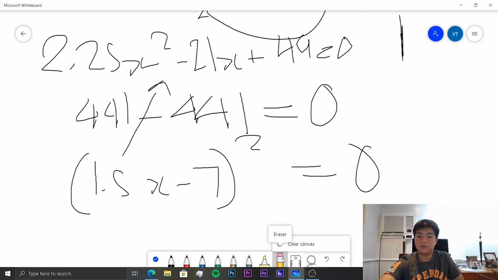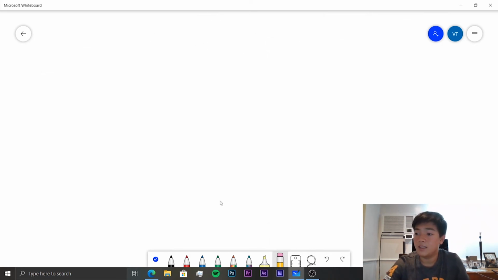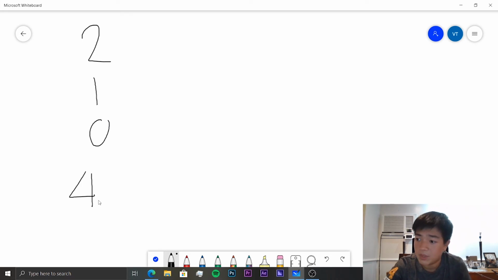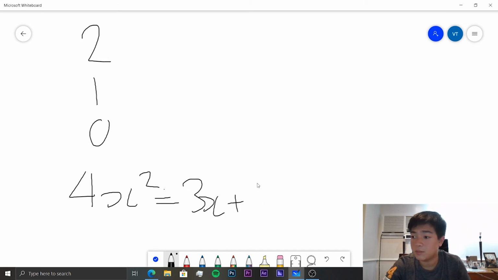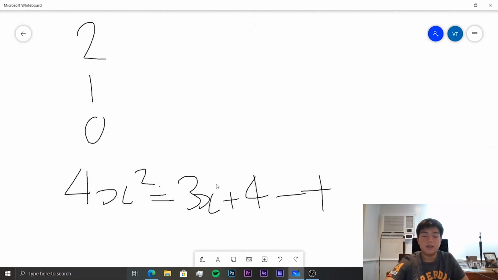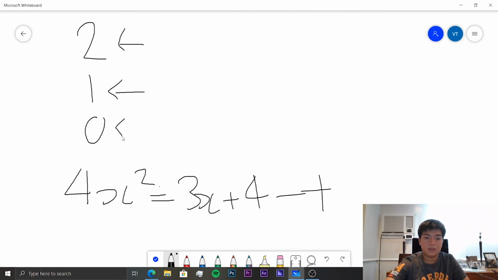Okay, next we need to find the values of the given parameter for which the equation has two distinct real roots, one real repeated root, and no real roots. What do they mean? The equation looks something like this: 4x squared equals 3x plus 4 minus t. We need to find values of t for where there are two real roots, one real root, and no real roots.